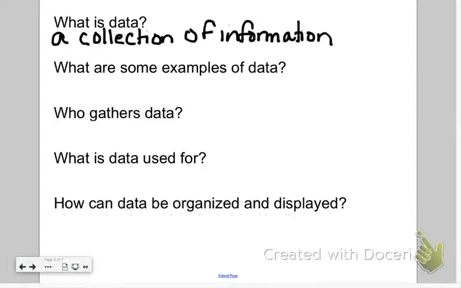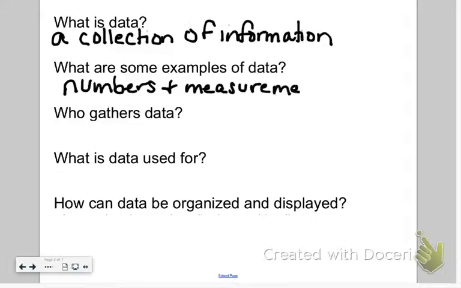So what are some examples of data? Well, data could be numbers. It could be measurements. And who might gather this data? Who collects it?